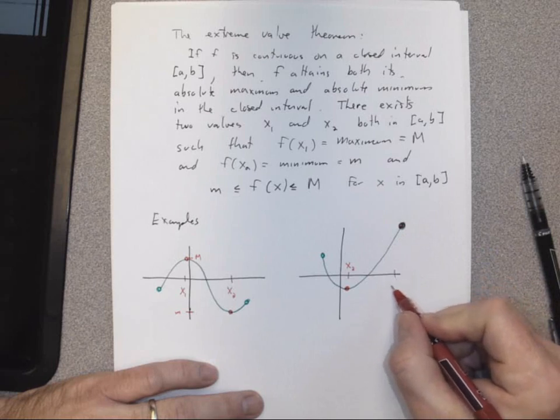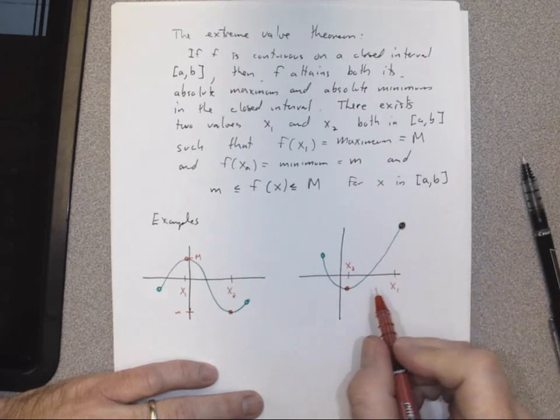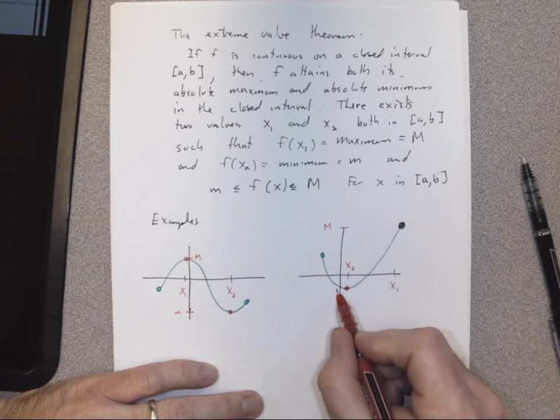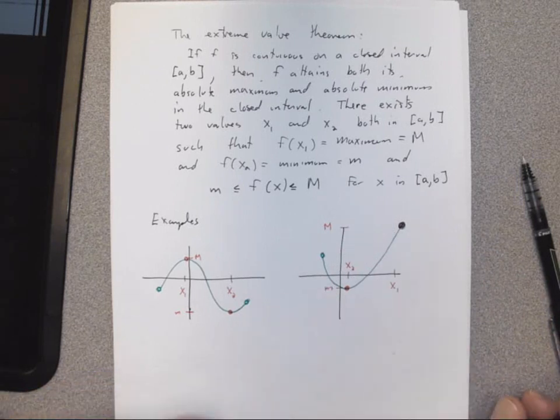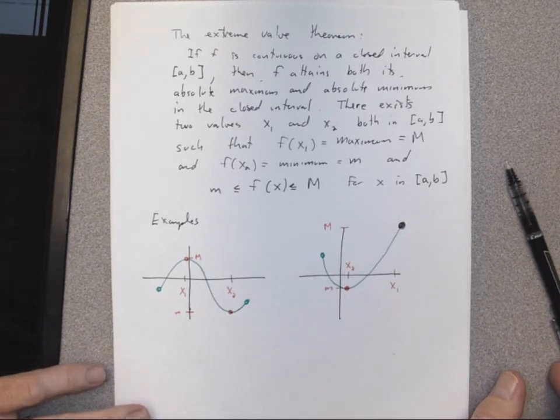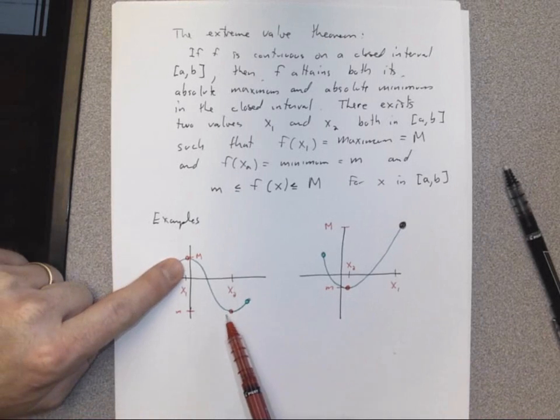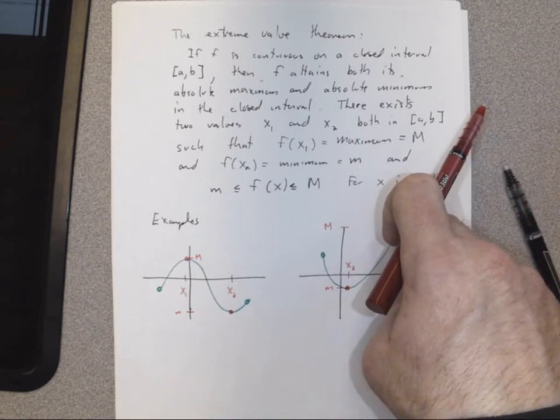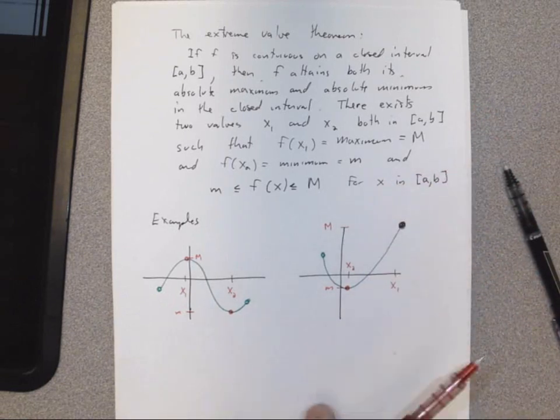And this is the absolute maximum, so this one would be x1. This output would be capital M because it's the absolute max, and this output is going to be lowercase m because it's the minimum. So what we can see is that sometimes your max and mins are interior, sometimes they are endpoints. You can have an endpoint for maximum or an endpoint for minimum.